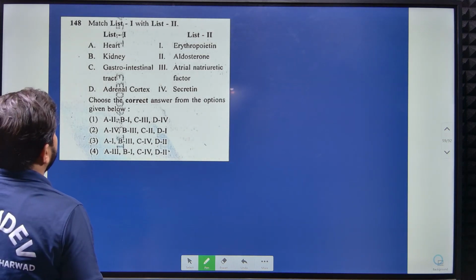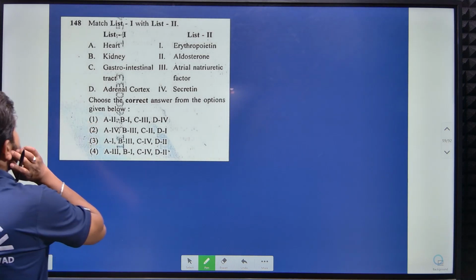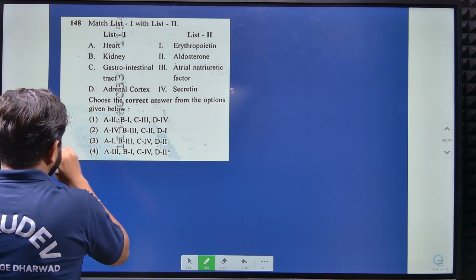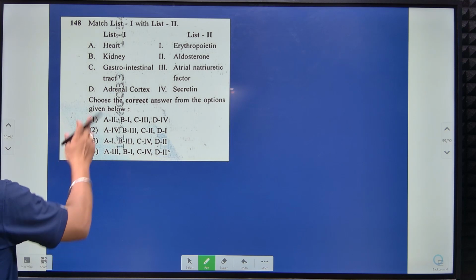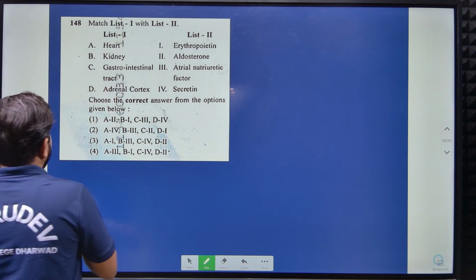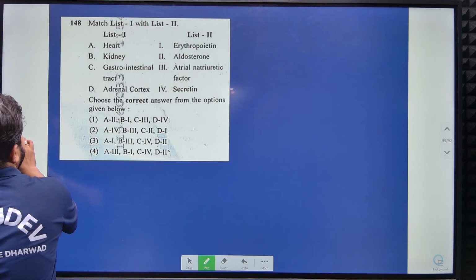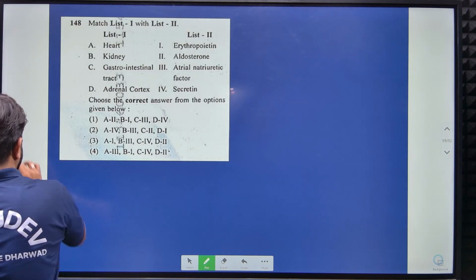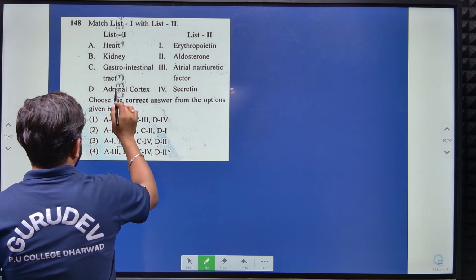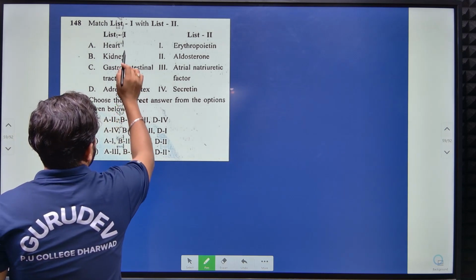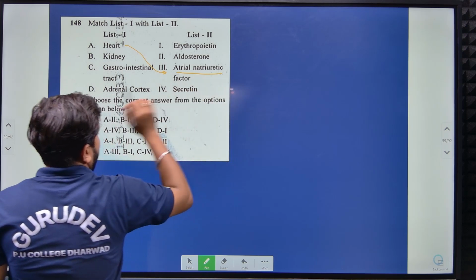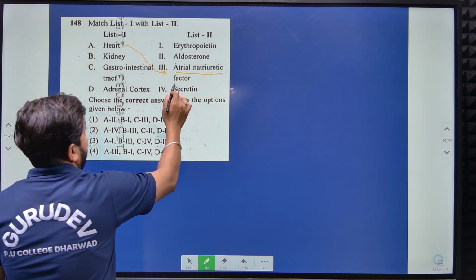Then again, match column 1 with column 2. Here they have mentioned heart, kidney, gastrointestinal tract, adrenal cortex, and different hormones. According to that, heart is related to atrial natriuretic factor.